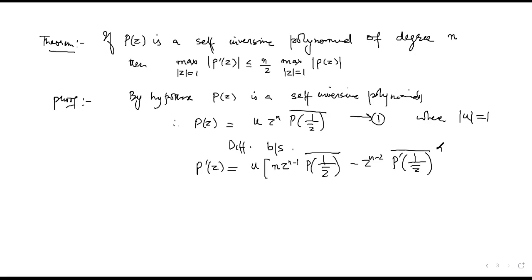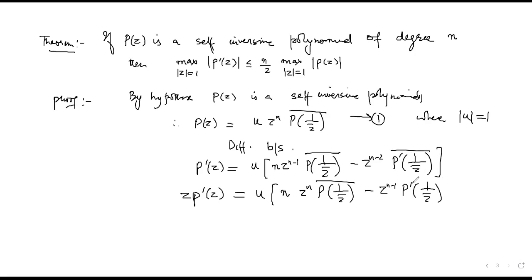For this you have to first find this polynomial and differentiate, then take its conjugate. Nevertheless, it implies that z into p dash z should be equal to u into n times z raised to the power n p of 1 by z bar, whole bar, minus z raised to the power n minus 1 into p dash of 1 by z bar, whole bar.